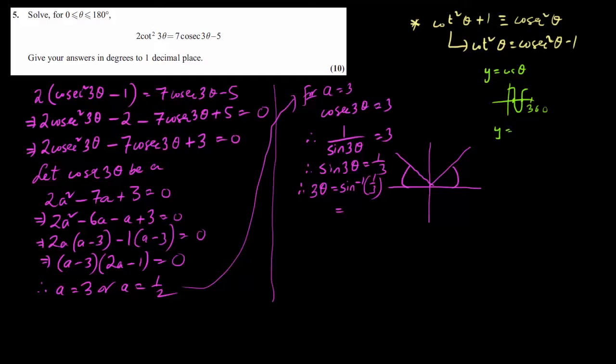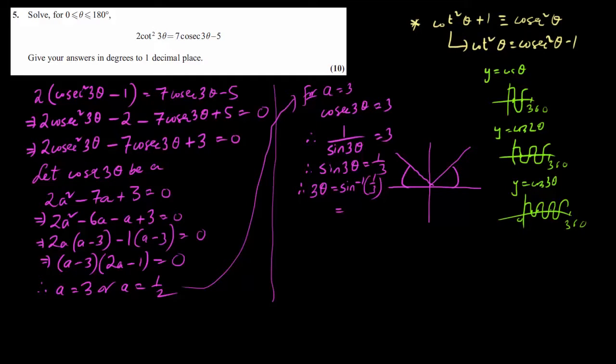But if you write y equals cos 2 theta, visually it would cut at 4 places because it is repeated over 0 to 360 degrees. And if it is y equals cos 3 theta, it would cut 6 times, 1 2 3 4 5 6, from 0 to 360 degrees. Now if you take a look at the question, the range is 0 to 180 degrees. So instead of 6 answers, we're actually going to have half of that, meaning 3 answers.